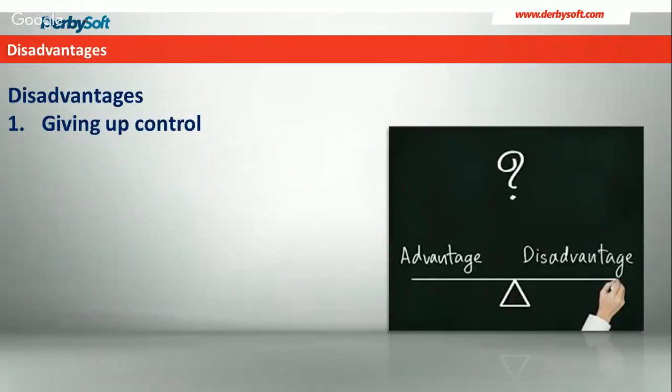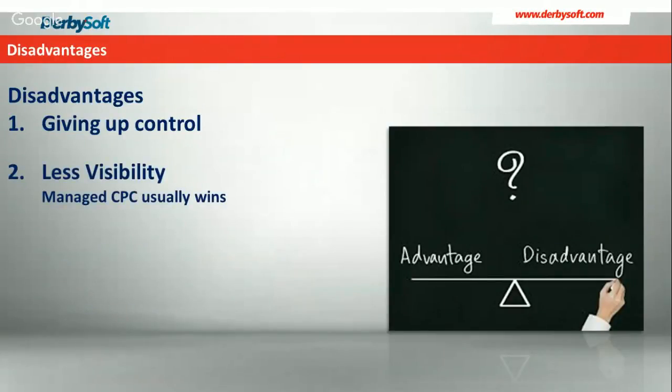All right, so the disadvantages are that you are giving up that control. You let it go, you lose control, right? Less visibility. Typically, your managed CPC wins the day when we talk about positioning and visibility. Because keep in mind, anytime that you're doing this with TripAdvisor, you may sign an agreement that says you're paying 12% commission, 15% commission, whatever it may be, and in exchange for that, let's say you're getting 50% visibility.